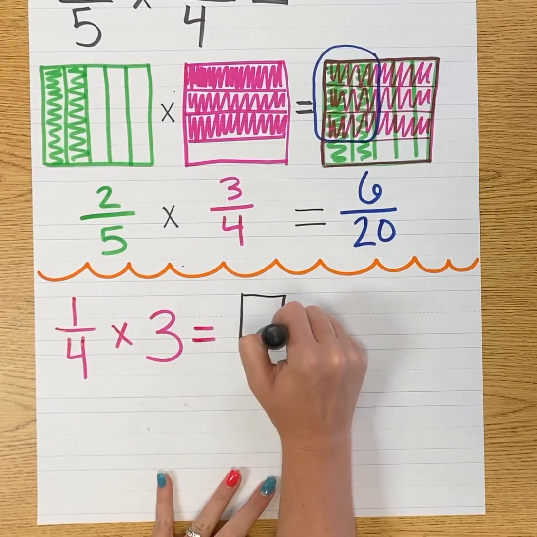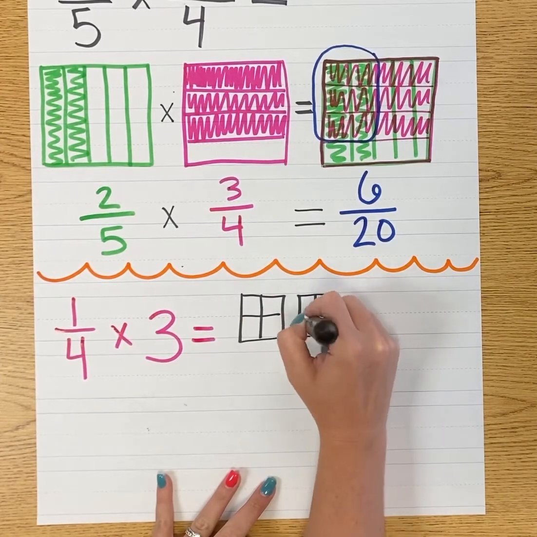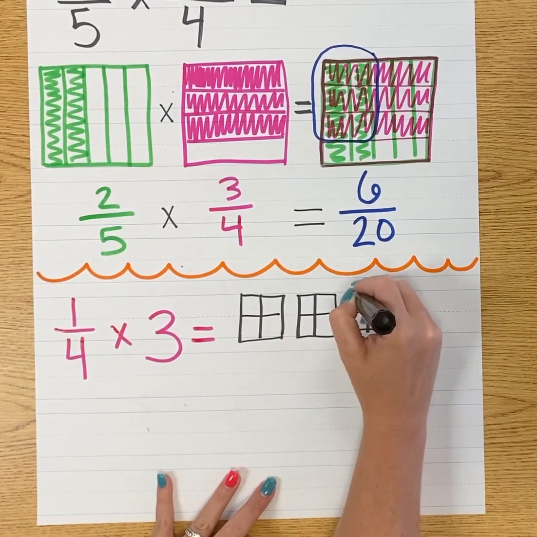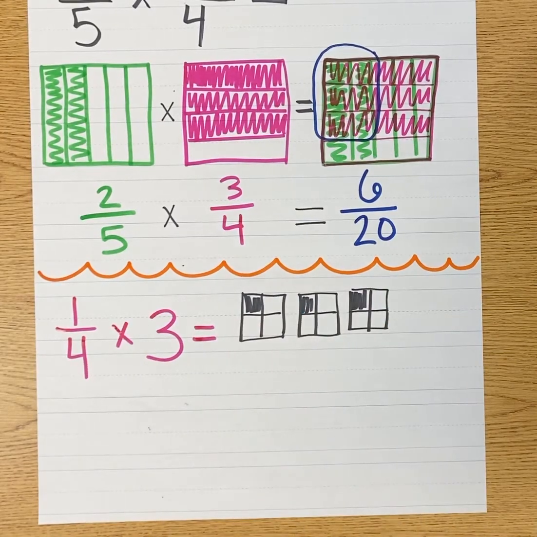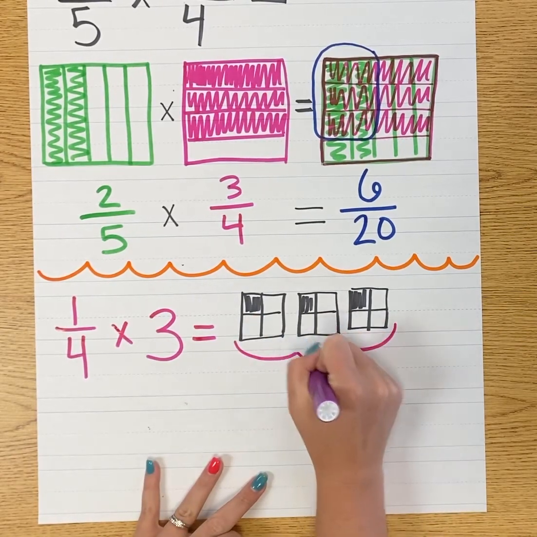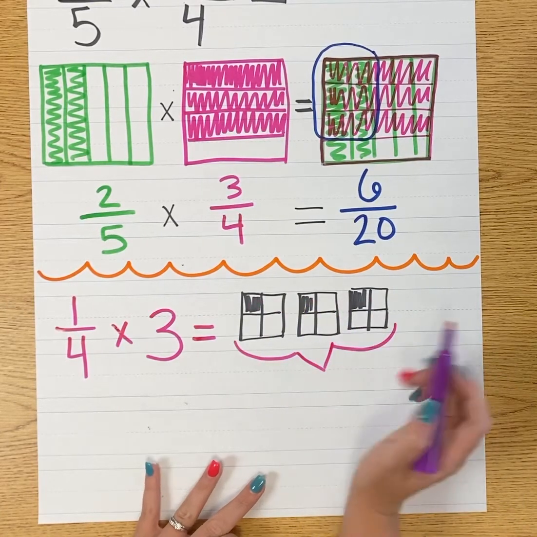So I would have to draw 1/4, 1/4, 1/4. So I would draw 1/4 3 times, and then I would combine that together. So 1/4, 1/4, 1/4.